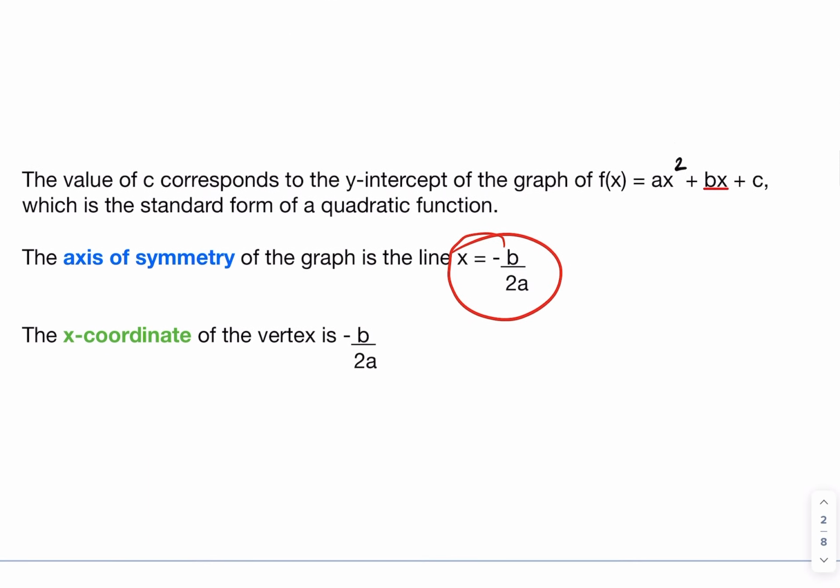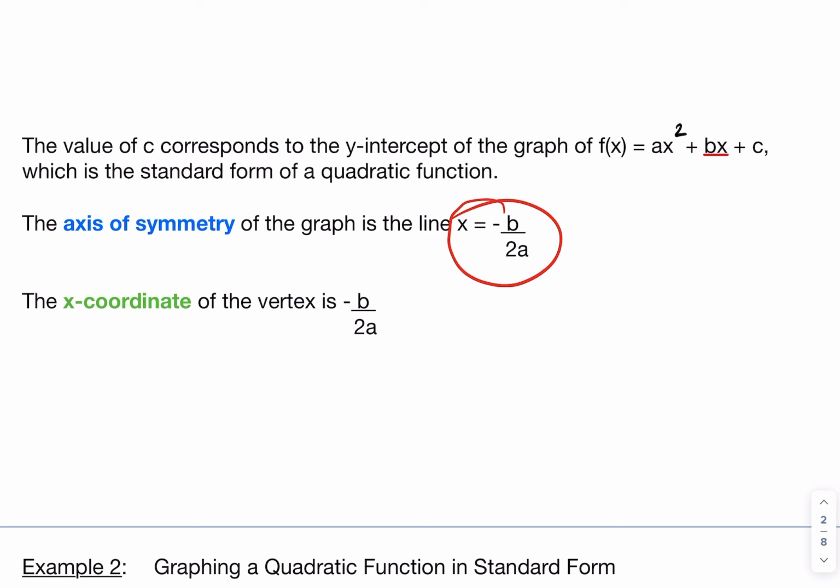The other piece of information that we can derive from the quadratic function in standard form is both the axis of symmetry and the x-coordinate of the vertex. And how do we do that? If you take -b over 2a, that's going to give you the line of the axis of symmetry, which is going to be x equals whatever this value is.